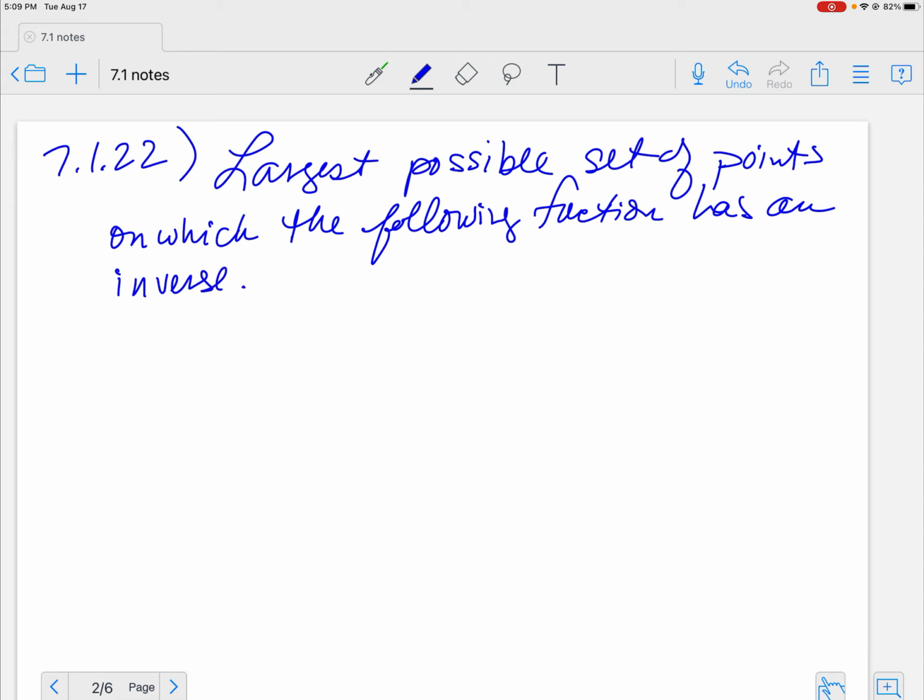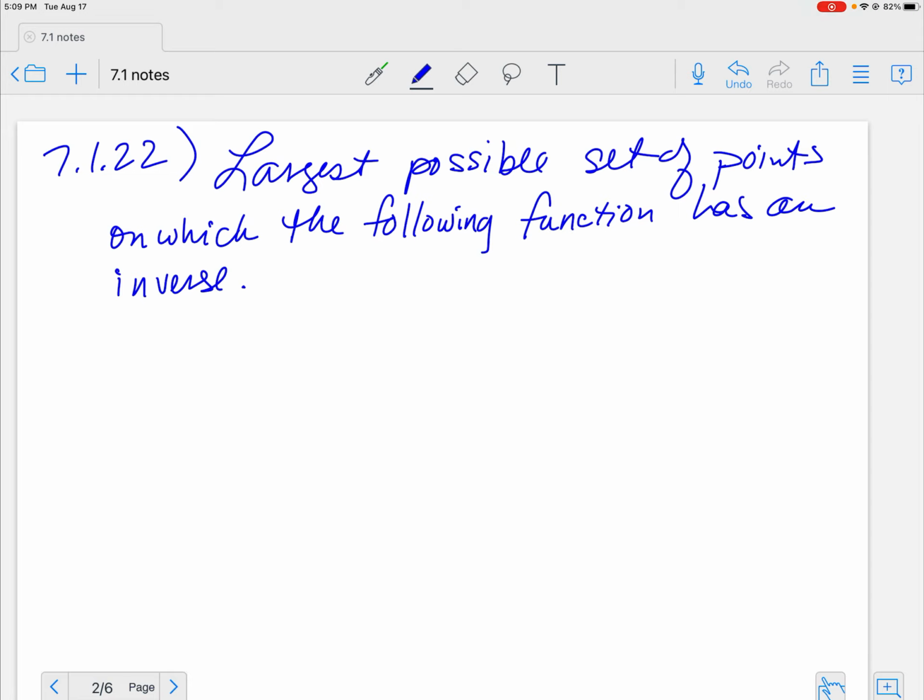Remember how we just talked about that handwriting? Holy bajoli. Let me try this again. That said following function. You may have been able to read it, but I'm going to try it out just a little bit better. Okay, where the following function has an inverse.